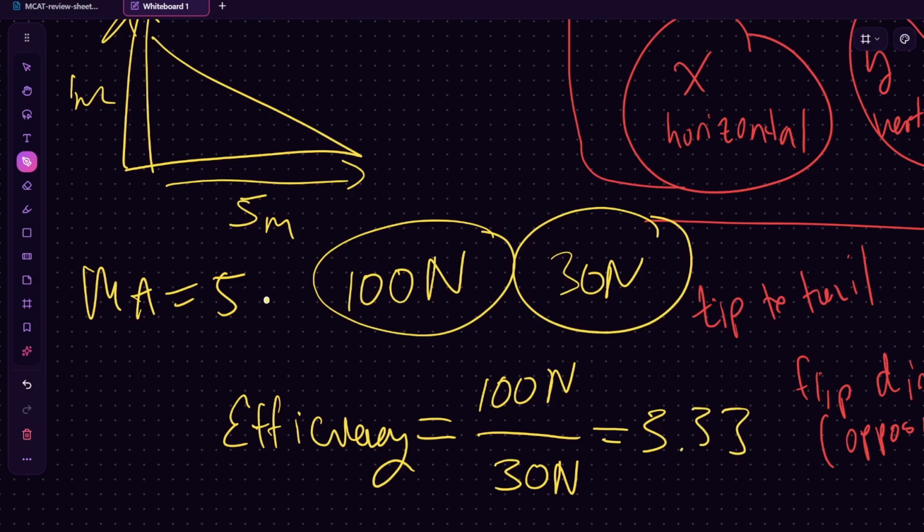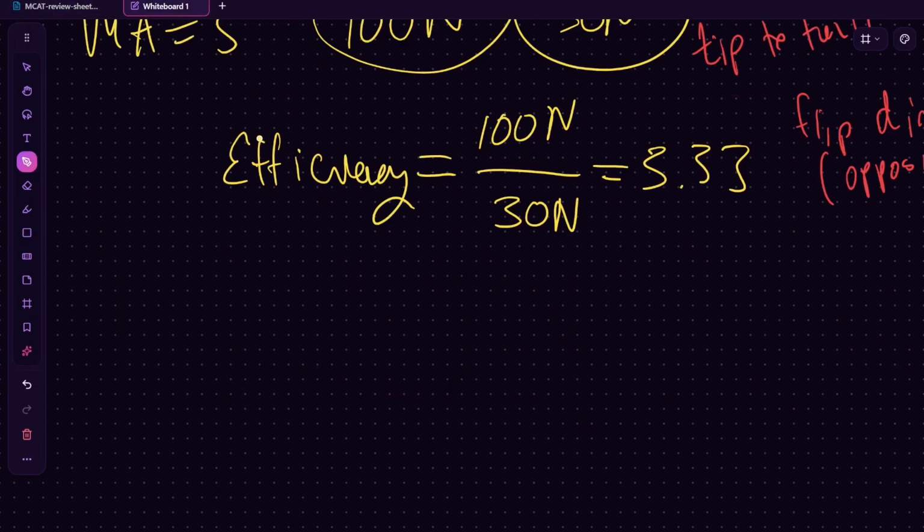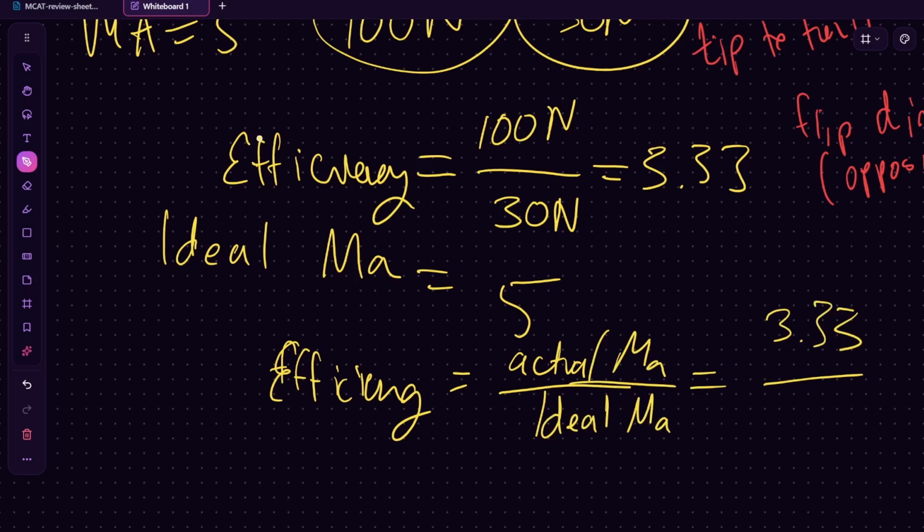Compared to our ideal MA of 5, the efficiency is actual MA over ideal MA. Our actual was 3.33 and our ideal was 5, and that gives us 66.7%.